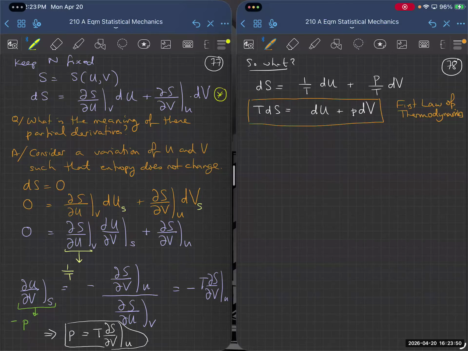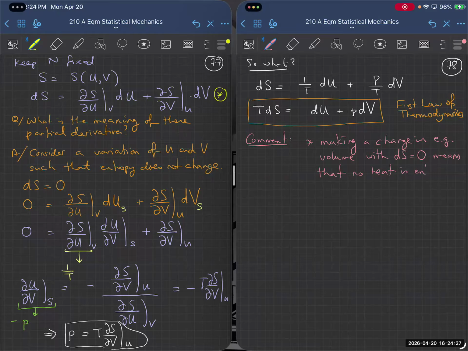Okay, and then so that's the first thing. Then I just want to make a comment that making a change in, say, e.g., a volume with dS equal to 0 means that no heat is entering or leaving the system.